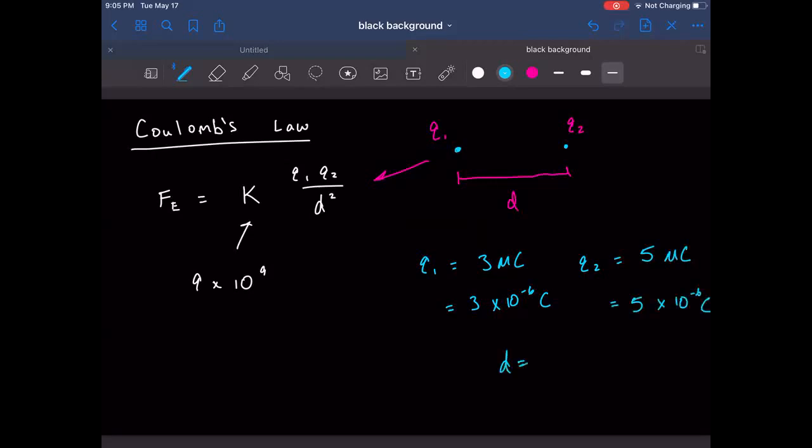And with a distance of, it doesn't really matter, let's say 10 millimeters. And milli is 10 to the negative 3, so 10 times 10 to the negative 3 meters. Straightforward, right? Cool. Can do it real quick if you wish.